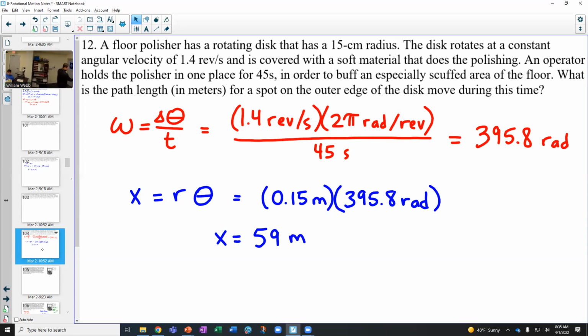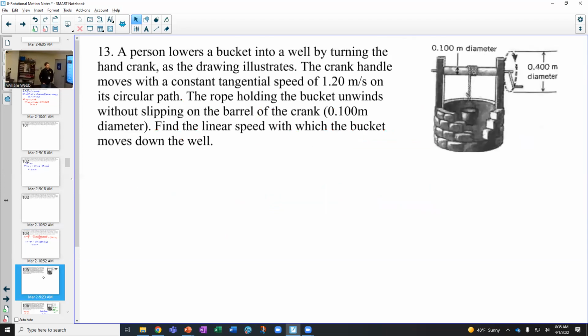We've got the, well, bucket in the well. So for our equation, we knew we were gonna have the same angle because they're attached, but we knew that their velocities were gonna be different because one's smaller and one's larger.